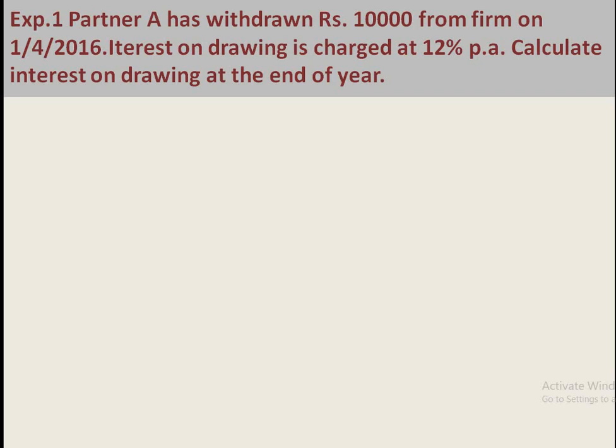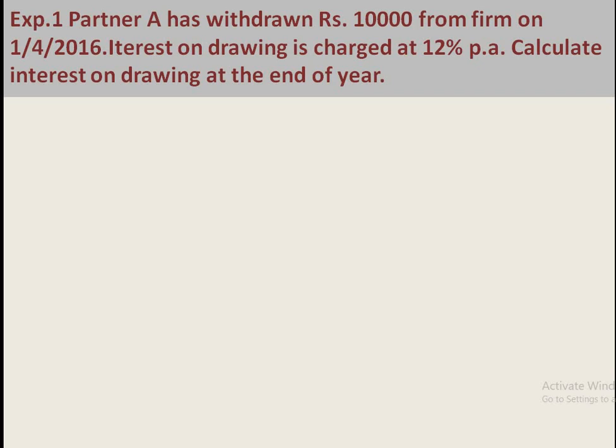Here we have a very simple example. Partner A has withdrawn rupees 10,000 from firm on 1/4/16. Interest on drawing is charged at 12% per annum. It means firm charges 12% interest, but it is per annum. You need to calculate interest on drawing at the end of year. Okay.